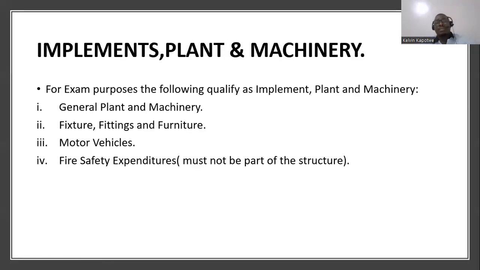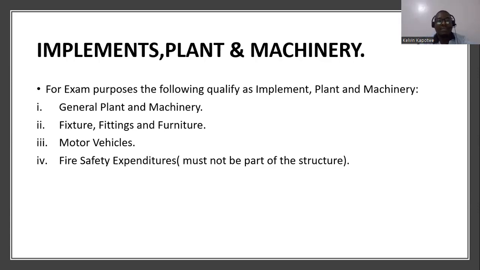So implement, plant and machinery. So for exam purposes, and I repeat, for exam purposes, the following qualify as implement, plant and machinery: general plant and machinery, fixture, fitting and furniture, motor vehicles, and fire safety equipment, which must not be part of the structure.